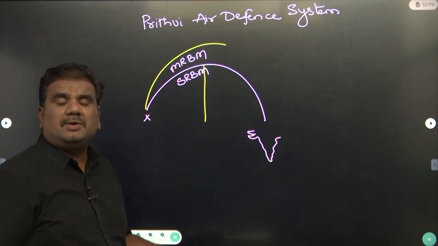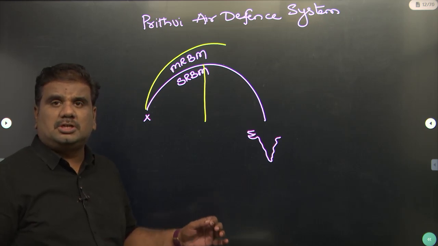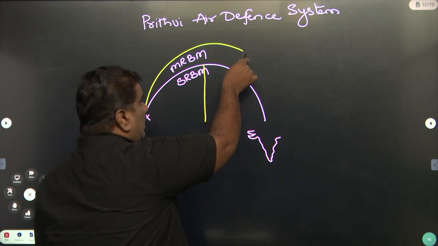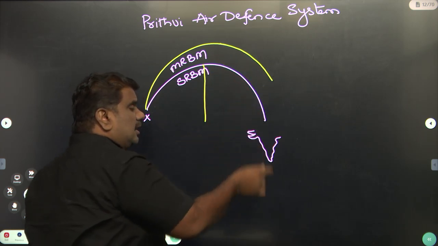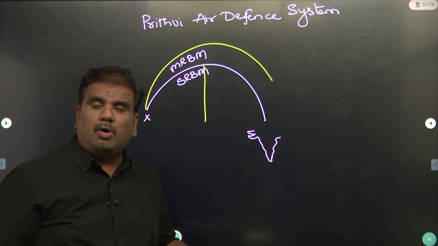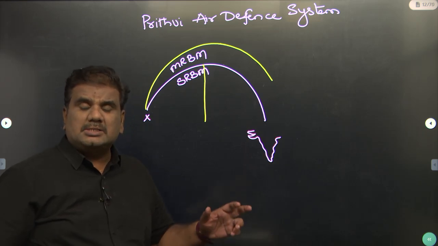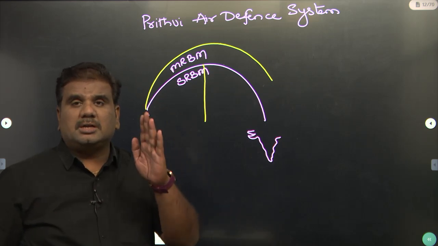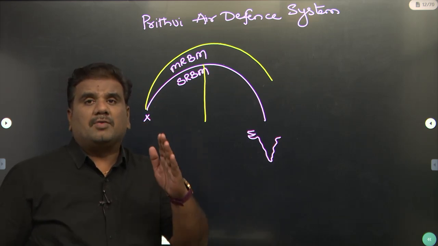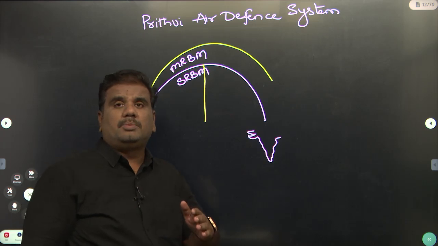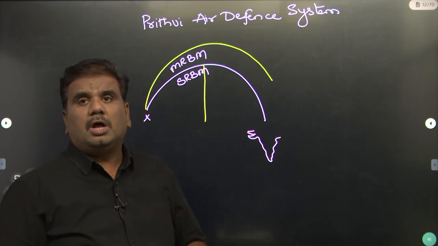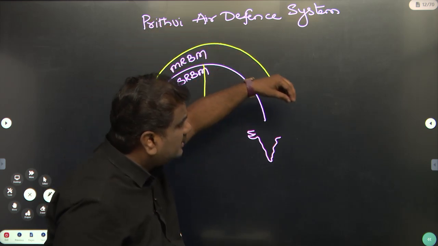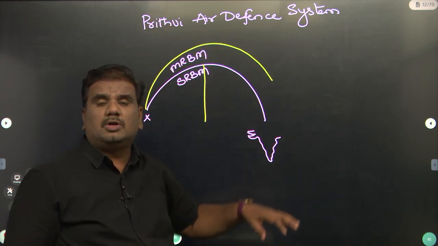After that, when the missile is trying to re-enter Earth's atmosphere, which starts from an altitude of around 100 kilometers from the ground, the missile is re-entering Earth's atmosphere.